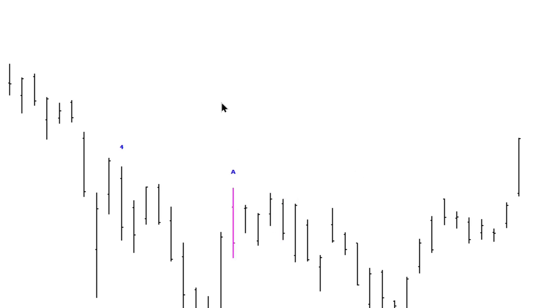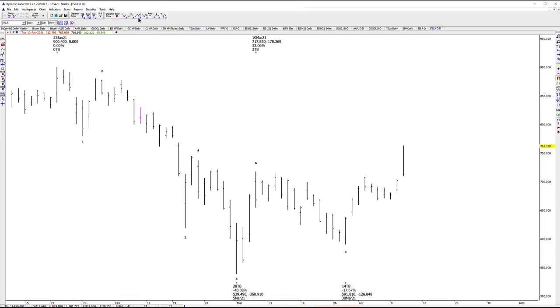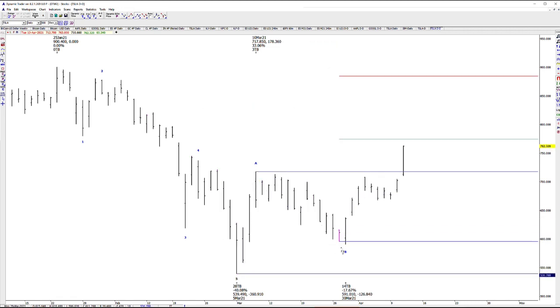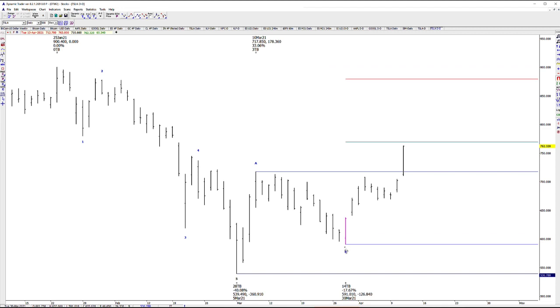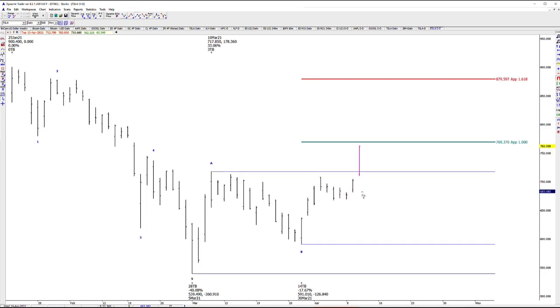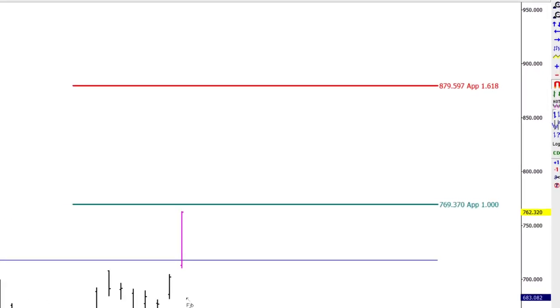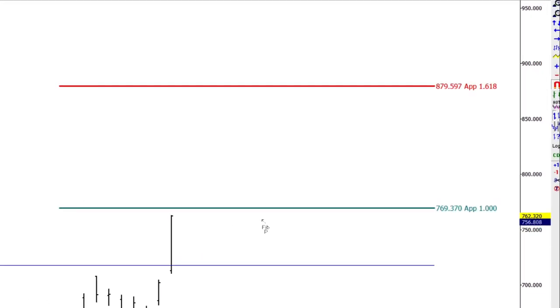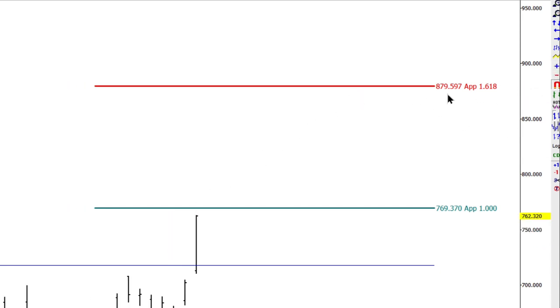So let's do our alternate price projections of what we've got labeled, this wave A, this section up, and we're going to compare those ranges and the proportions of the range with the next section in the same direction, and otherwise the alternate section. And we have the 100% just a little bit above the last bar in the chart, and the 162 quite a bit above it. And again, APP for alternate price projection.